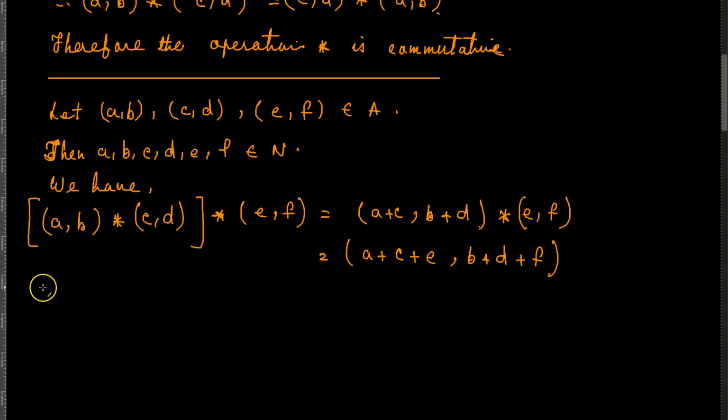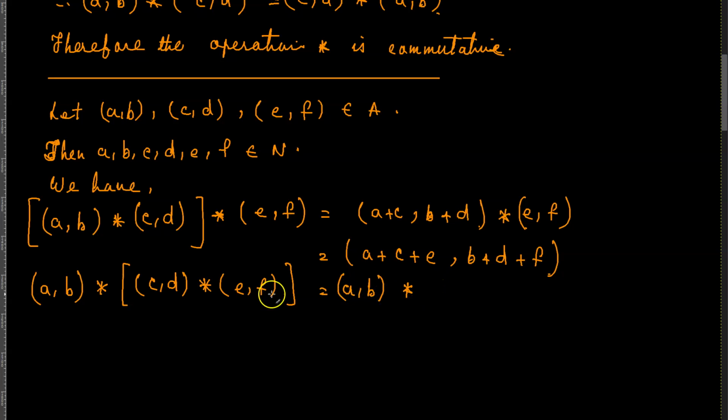Now if I write this as (a, b) star (c, d) star (e, f), that is going to be equal to (a plus c, b plus d) star (e, f), which is the same thing as (a plus c plus e, b plus d plus f).